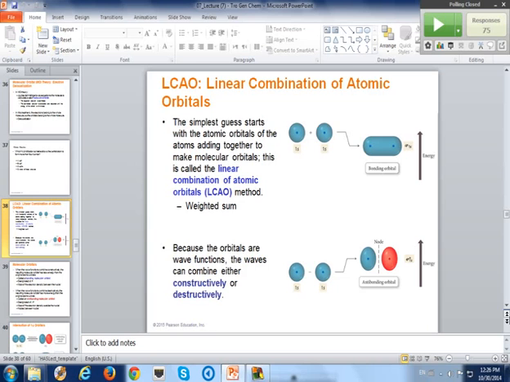And then, in order to judge the guess, we use that wave function, that approximation, to calculate the energy of the molecule. And then we, based on the judging, determine whether the guess is a good guess or a poor guess, based on how it minimizes the energy of the molecule, right?